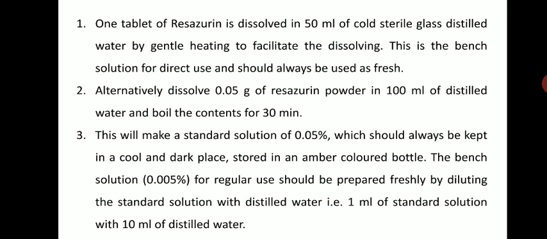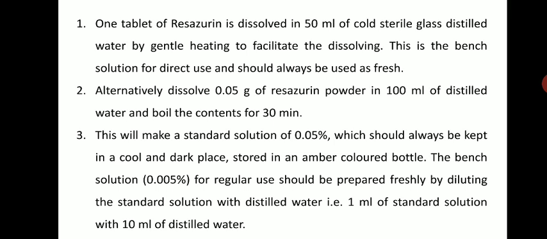So this will make a standard solution of 0.05%. We should always keep it in a cool and dark place, and this solution is stored in an amber colored bottle. The working solution, that is 0.005% for regular use, should be prepared freshly by diluting the standard solution with distilled water. So how to prepare this dilute solution?